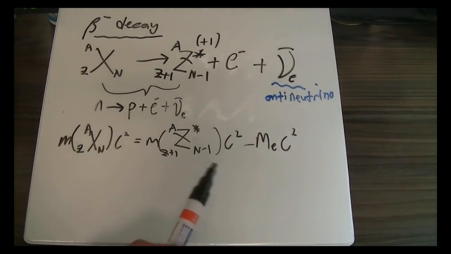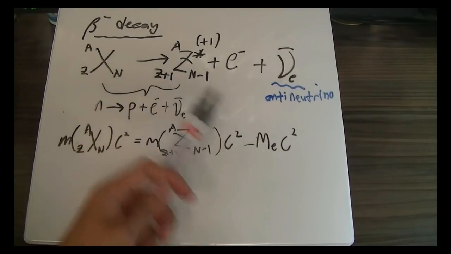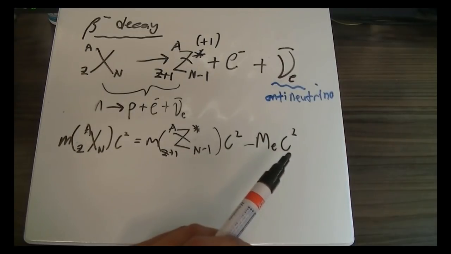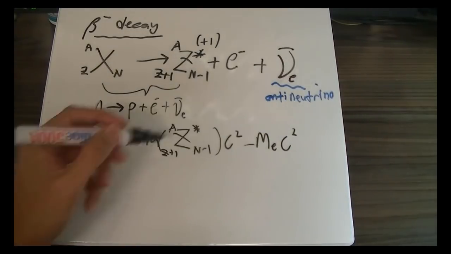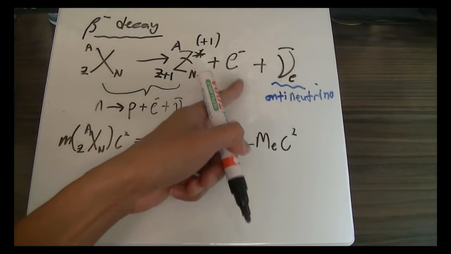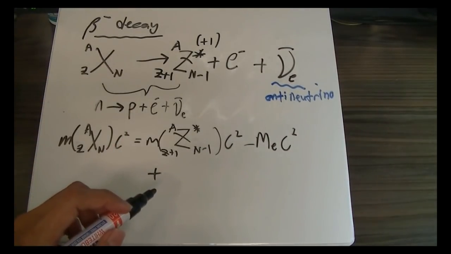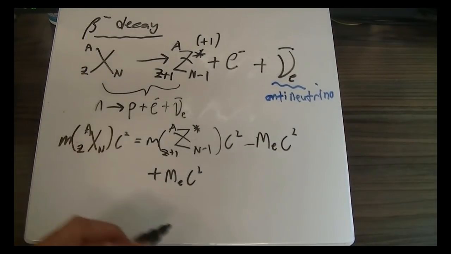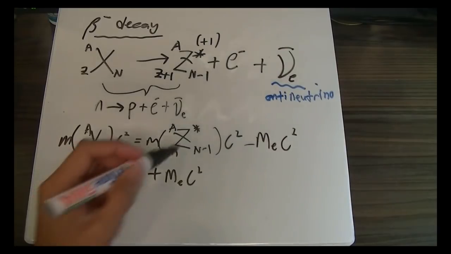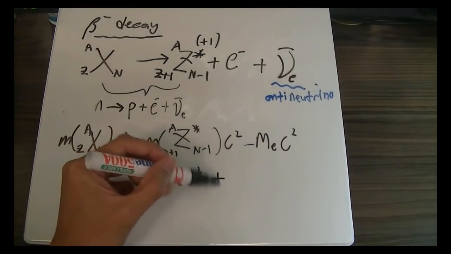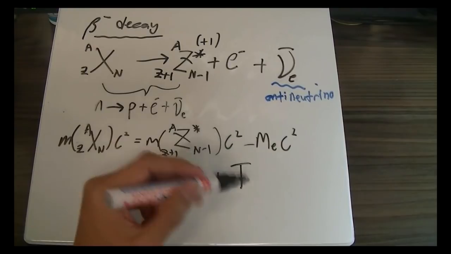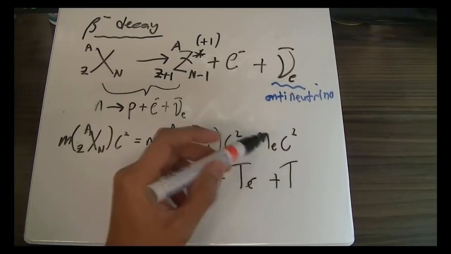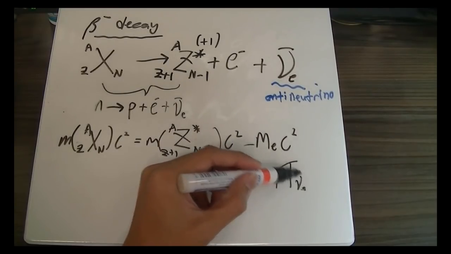This is for the daughter nucleus, and next we have the released mass energy for the released electron, m e c squared, and then the kinetic energy of the electron and the kinetic energy of the antineutrino.